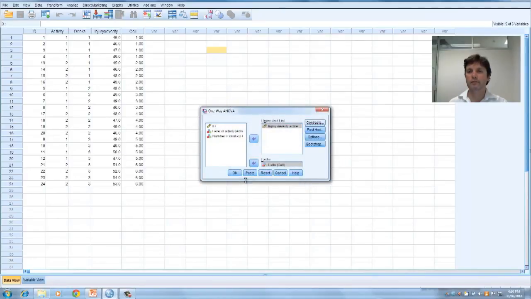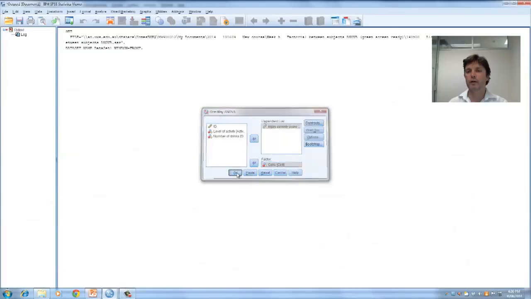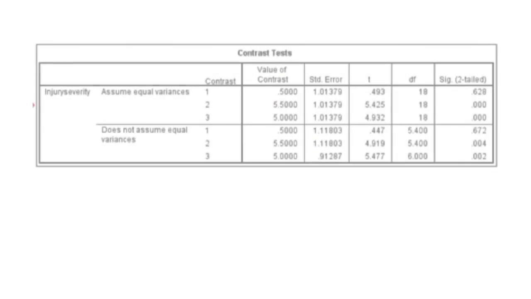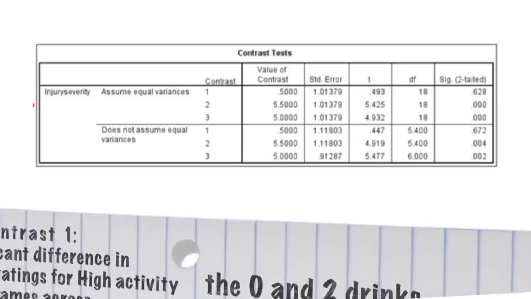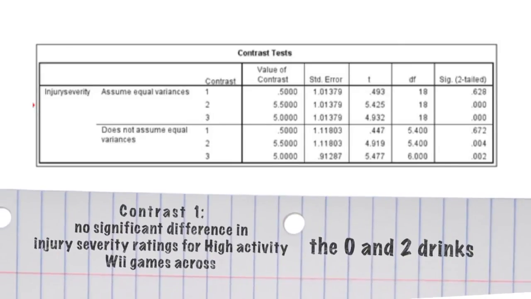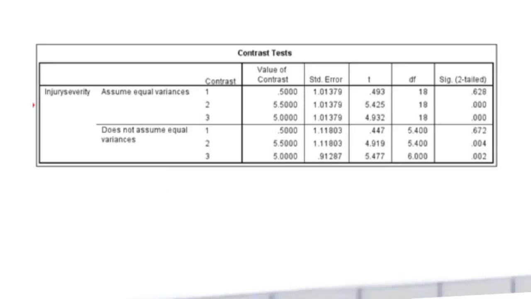Now press continue, and then press OK. So we know from the beginning that we can assume equal variances, so we use the results from the top table. Two of the comparisons are less than the Bonferroni adjusted alpha of 0.008. So from contrast 1, I conclude that there's no significant difference in injury severity ratings for high activity Wii games across the 0 and 2 drinks conditions.